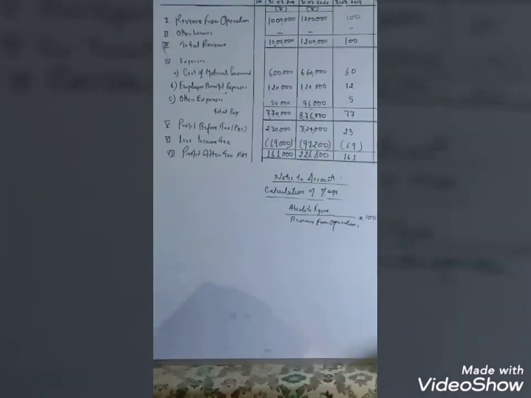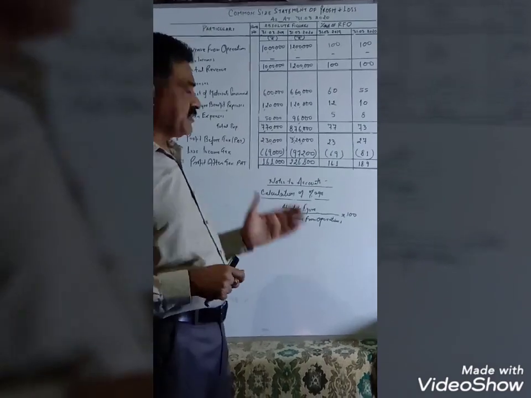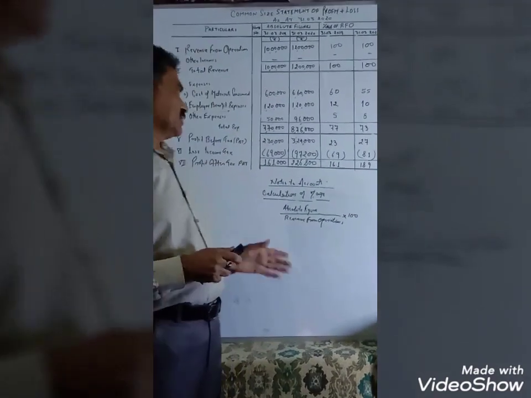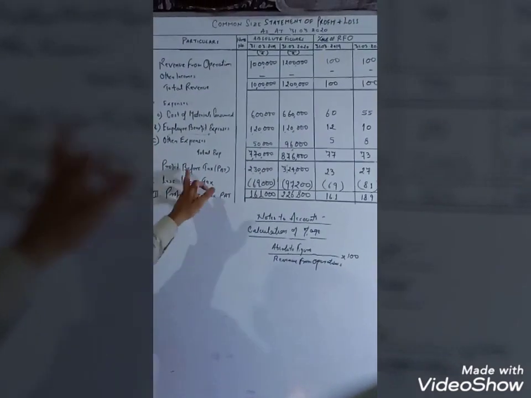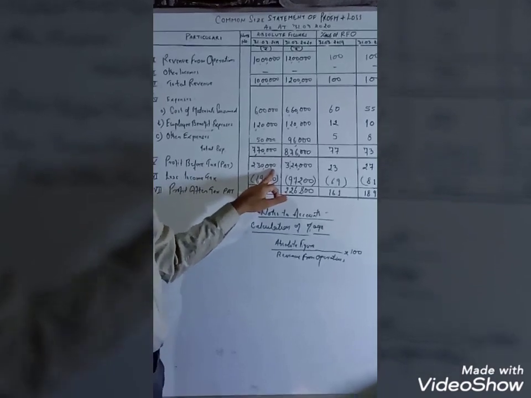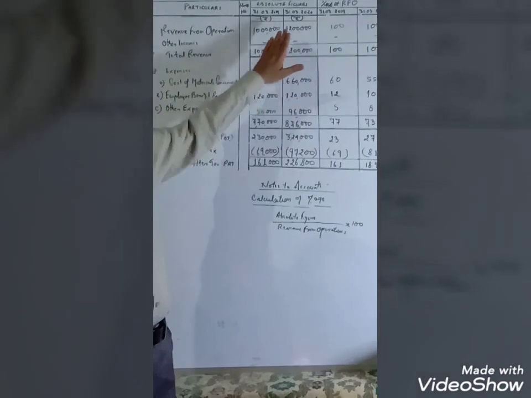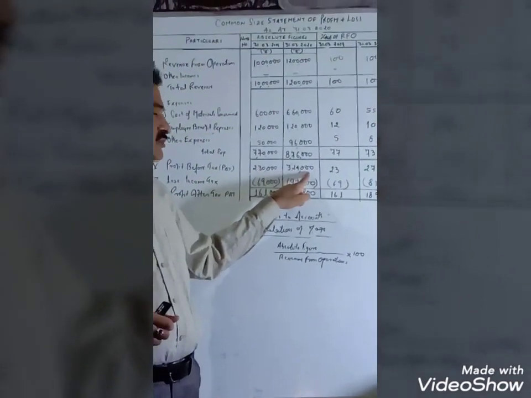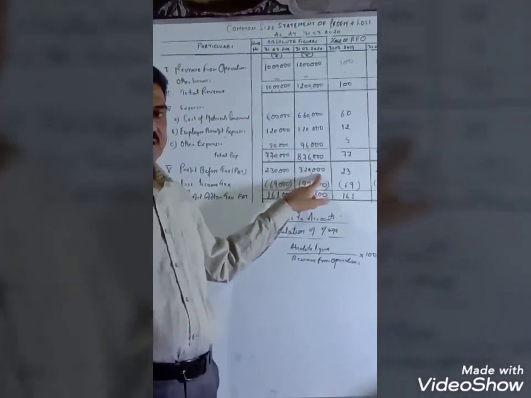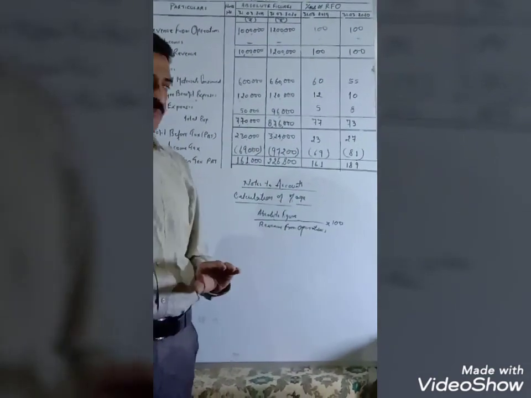Now we have been given in the problem income tax at the rate of 30% for both the years. So income tax for the year 2019 will be calculated on profit before tax 2 lakh 30,000 into 30%. It works out to rupees 69,000. And for the year 2020, 3 lakh 24,000 profit before tax and income tax at the rate of 30% will be 97,200.